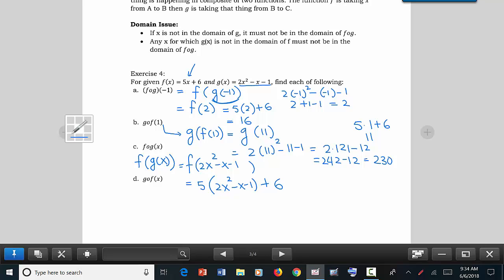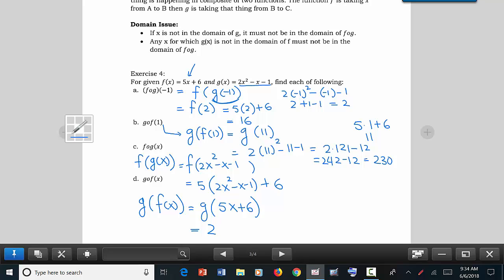Now g composite f of x, the meaning is f is acting on x first. So what is the value of f of x? It is 5x plus 6. Now 5x plus 6 is the new input for g. That means we replace x by 5x plus 6 in the expression of g.